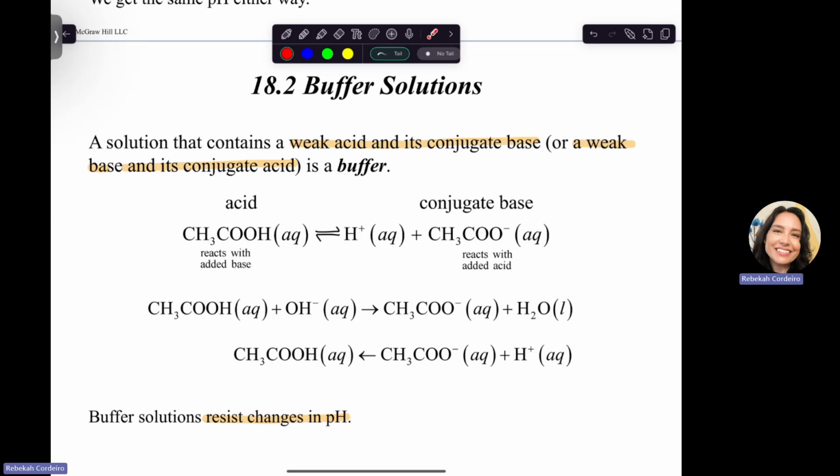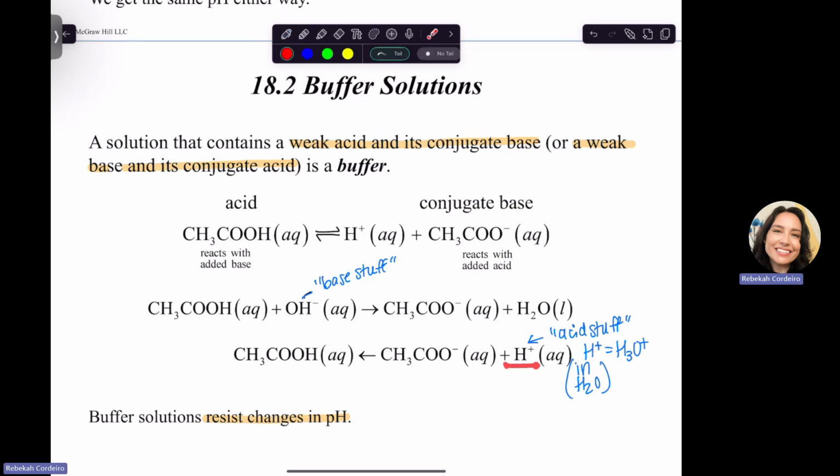So essentially, if you add a bunch of H plus, which is acid, remember, base stuff is hydroxide. That's your base stuff. And then hydrogen ion is your acid stuff. And remember that hydrogen ion is the same as hydronium ion when we're talking about water.